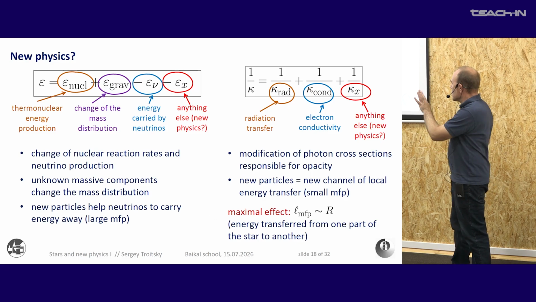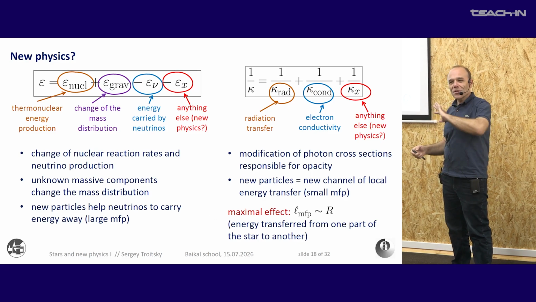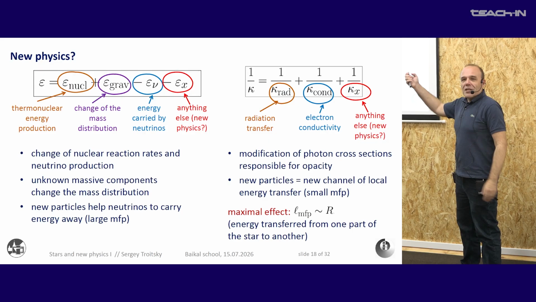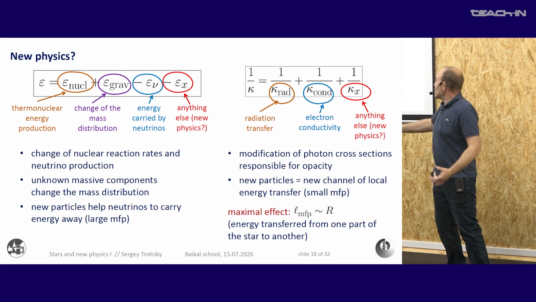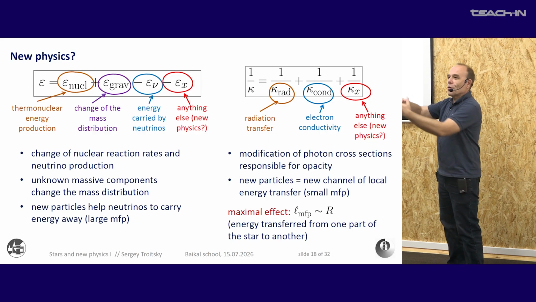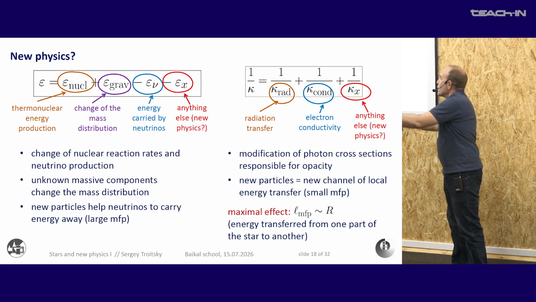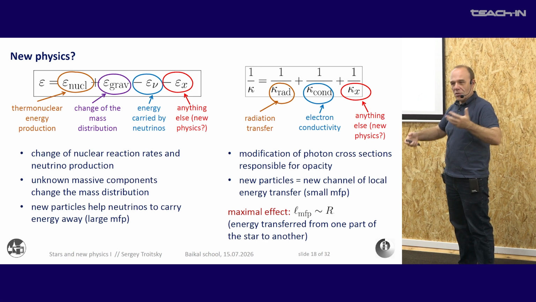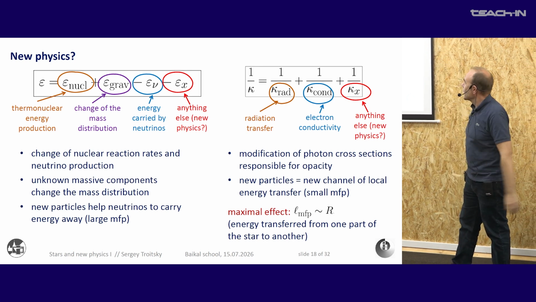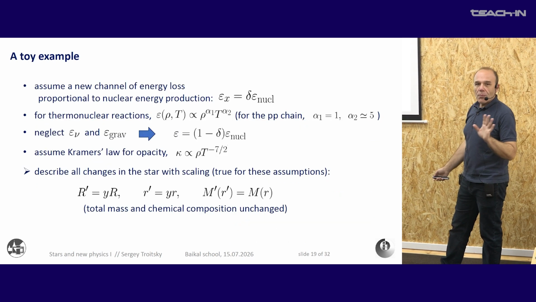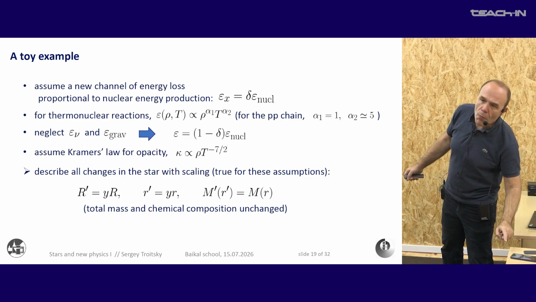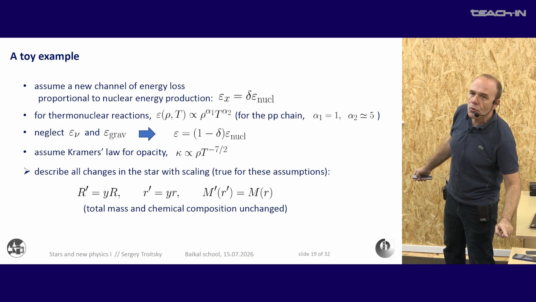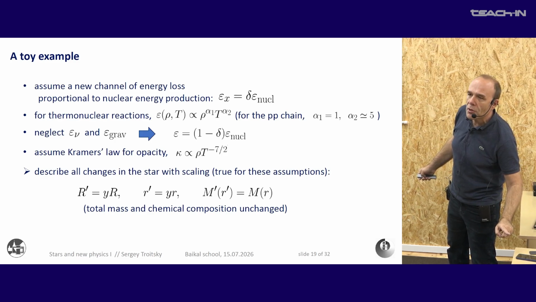I will switch to the sun soon, but it is a star anyway. Then energy is efficiently transferred from one part of the star to another and changes the physics rather strongly. A toy example, after which I will probably stop, or I stop now to leave some time for questions.